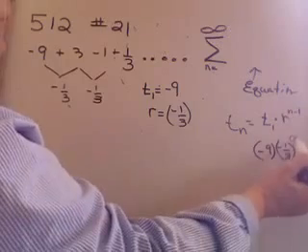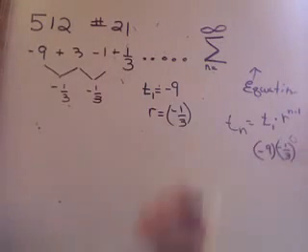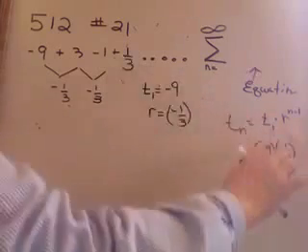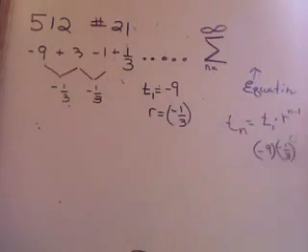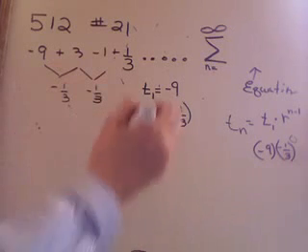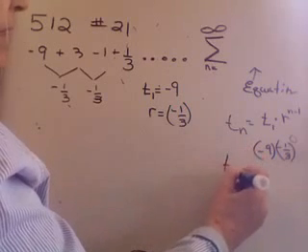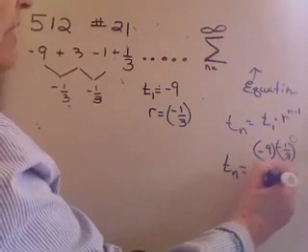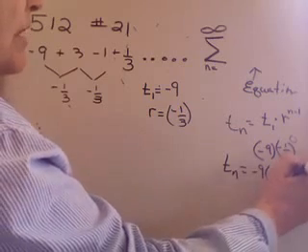So negative 1/3 to the 0 is 1, times negative 9 is negative 9. It gives me the first term. I can try it for the second term, so I let n equal 2, and it works. So the equation seems to be T sub n equals negative 9 times negative 1/3 to the n minus 1.